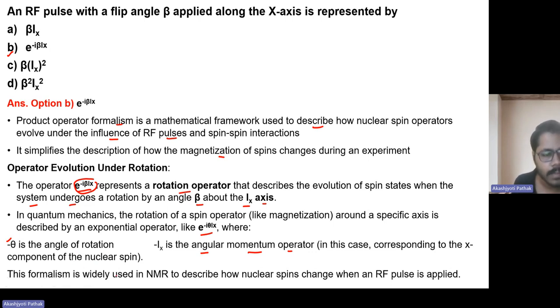So this formalism is widely used in NMR to describe how nuclear spins change when an RF pulse is applied. So on application of an external RF pulse, how the nuclear spins in my sample change is denoted by this operator, which is equal to e to the power minus i beta Ix.